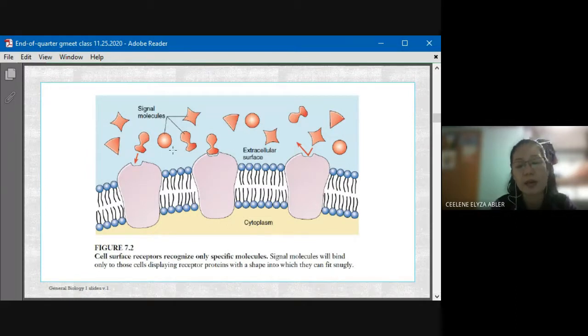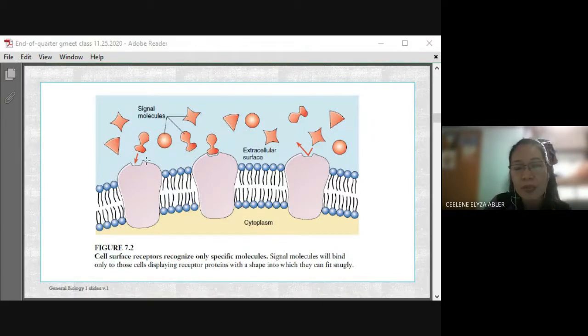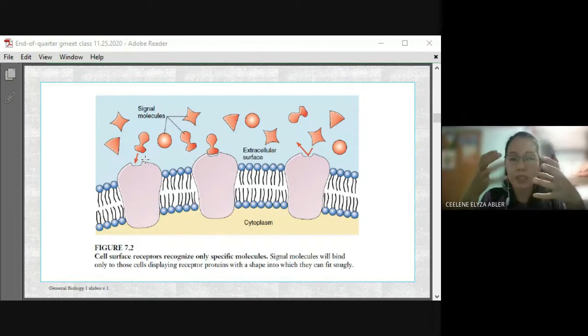We have here an example of how a cell surface receptor na type of membrane protein to allow specific molecules through the cell. So, halimbawa, may mga kasi tayo, class, mga cell surface receptors that are actually very specific in nature. So, kapag enzymatic siya, class, hindi yan siya mag-aalaw ng substances na, halimbawa, if it's something na the chemical structure is actually hindi siya magkamukha ng shape. So, hindi yan siya makakapasok.